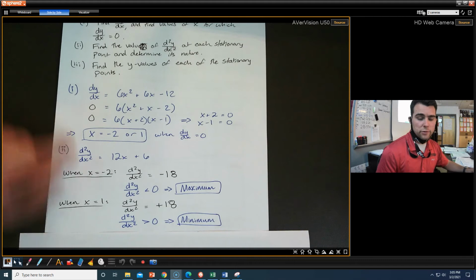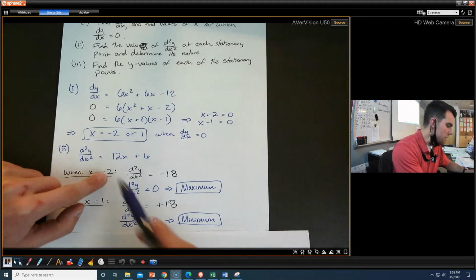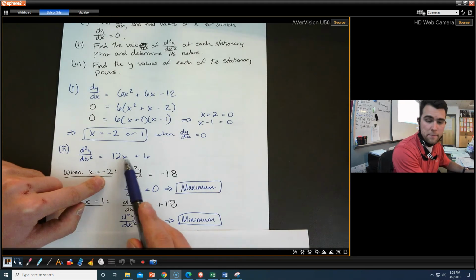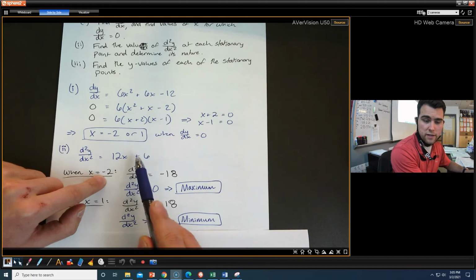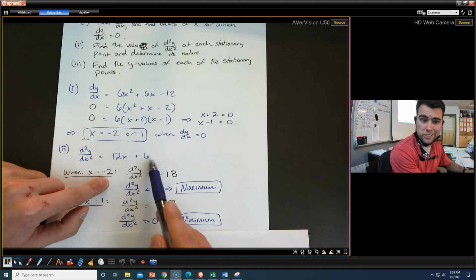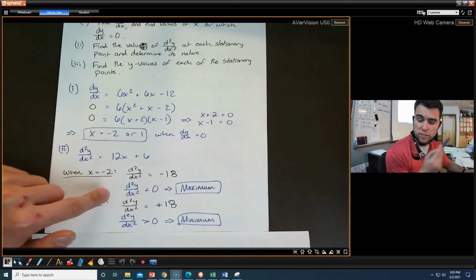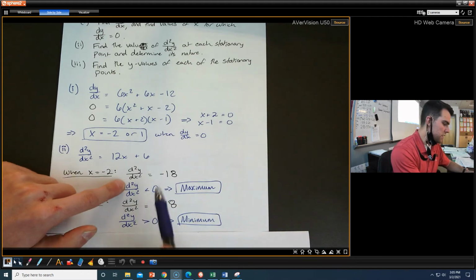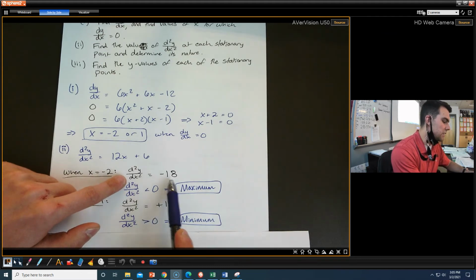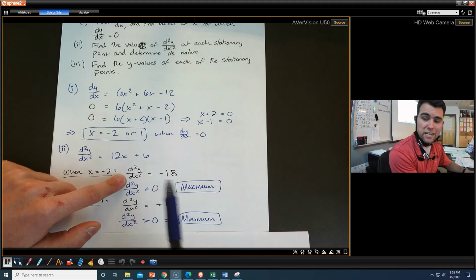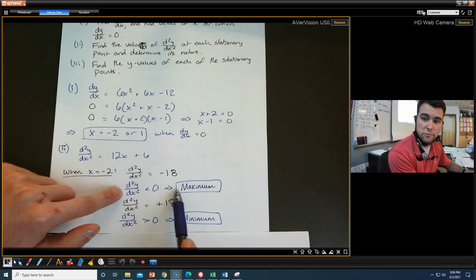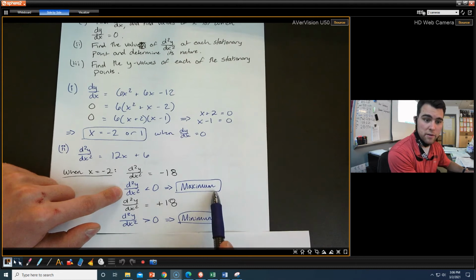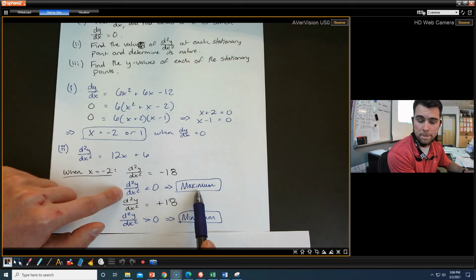When x is equal to negative 2, negative 2 times 12 is negative 24, plus 6, I get negative 18. What's most important here is that our double derivative is less than 0. Because it's less than 0, that tells us right off the bat it's a maximum when x is equal to negative 2.